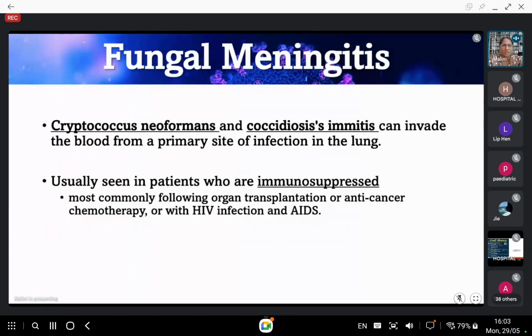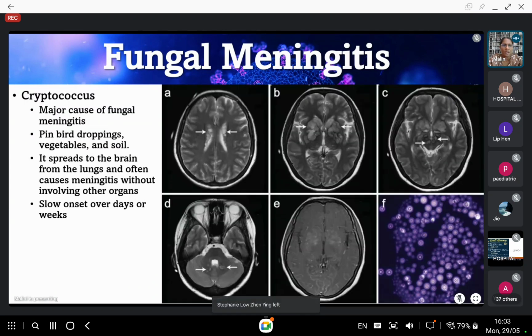Cryptococcus is rarely seen. Fungal meningitis, with Cryptococcus being one of the more common ones, is seen more in immunosuppressed patients. It is transmitted from bird droppings, vegetables and soil, and it can have a very insidious onset.